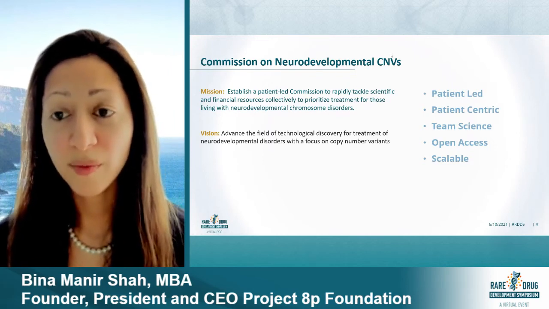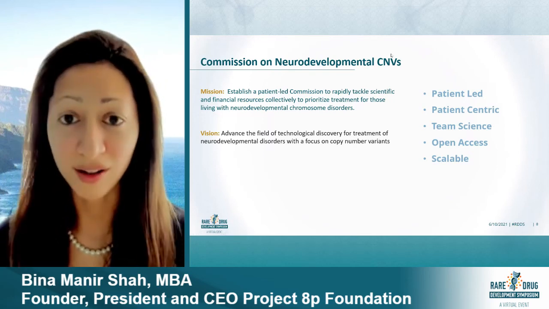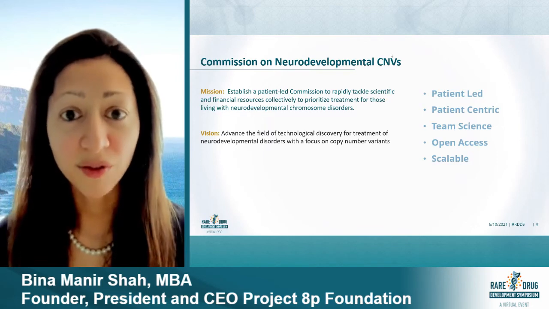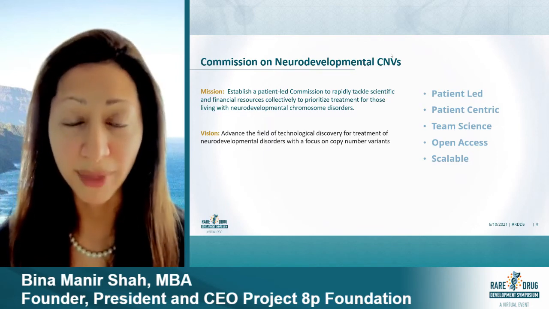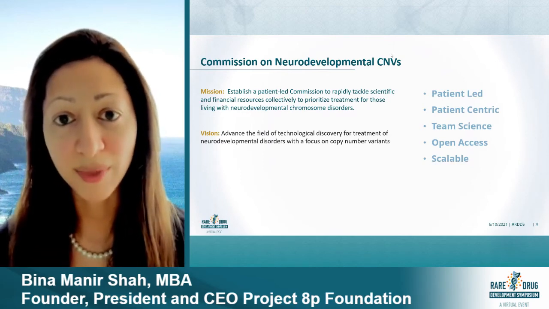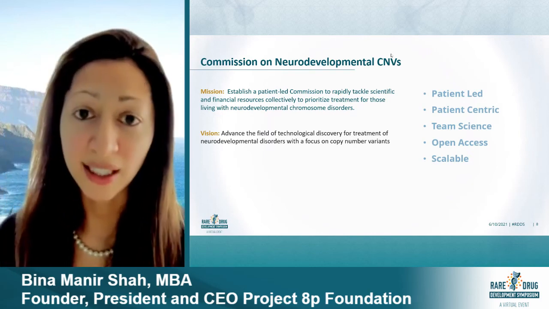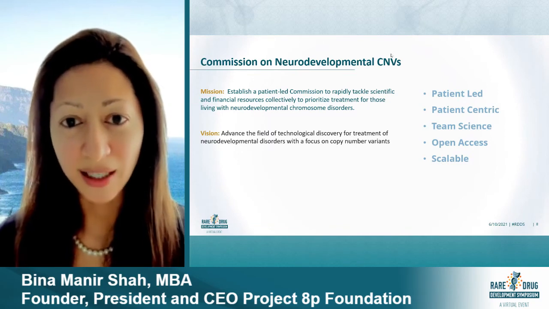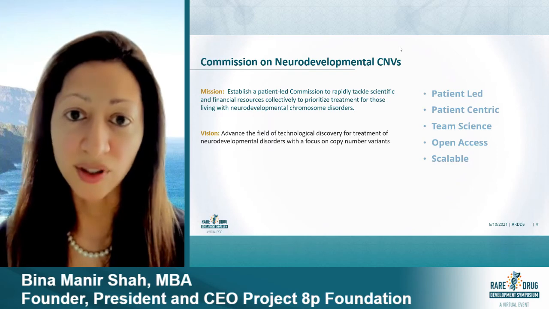And one of the biggest things that came about during this wonderful Zoom call period of last year is that we can really differentiate ourselves if this is patient-led and patient-centered, because there's so much information and engagement that can happen that's foundational to making sure that all of the grants that are being sought are most efficient and maximized, frankly. And how do we make this open access and scalable to other disorders?